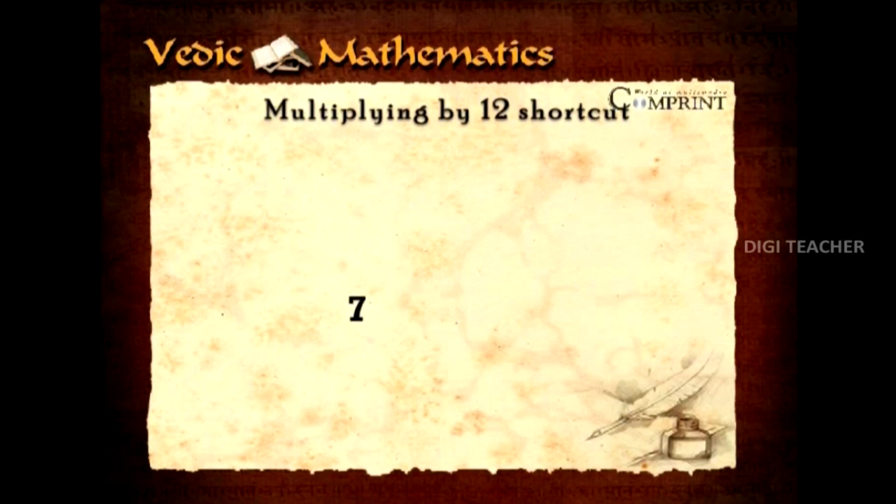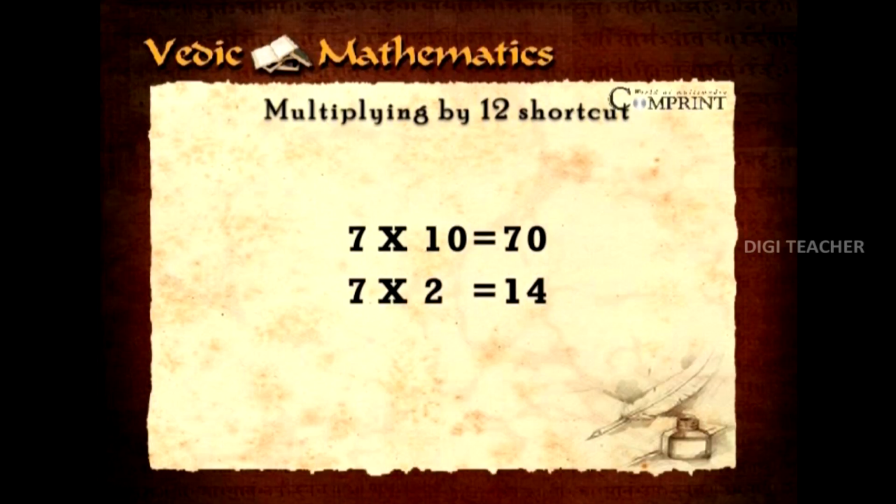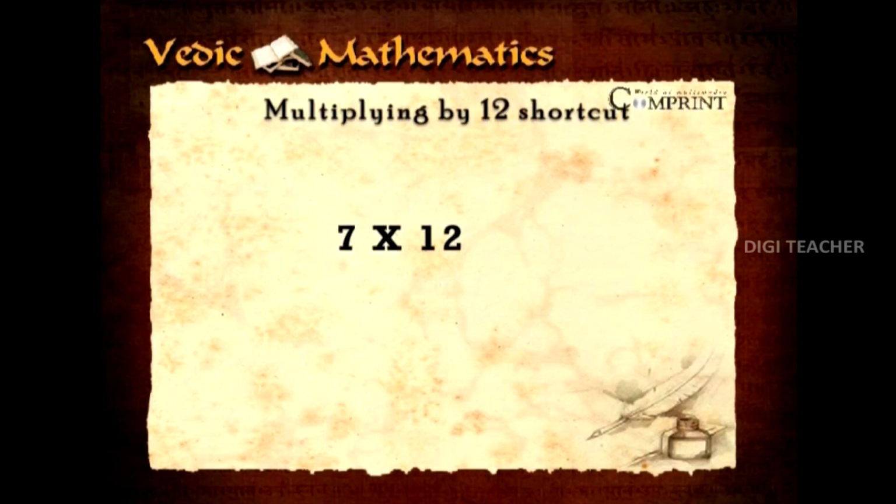Multiply this 7 by 10, which gives 70. Why? We are working with bases here. Bases are the fundamentals to easy calculations for all multiplication tables. Now, multiply the 7 by the 2 of 12, giving 14. Add this to 70, giving 84. Therefore, 7 multiplied by 12 equals 84.